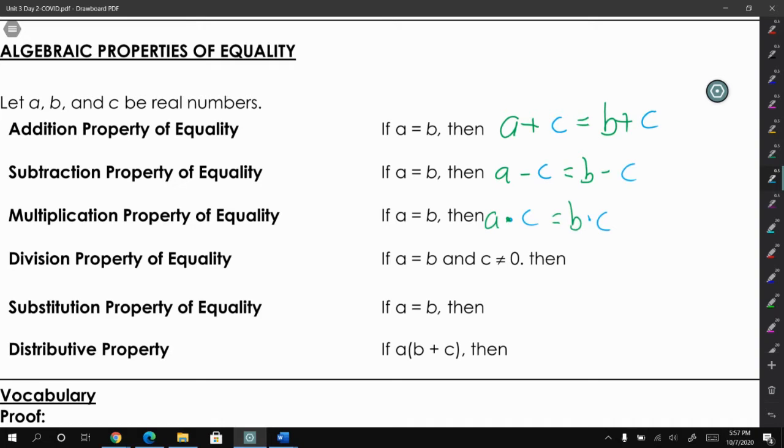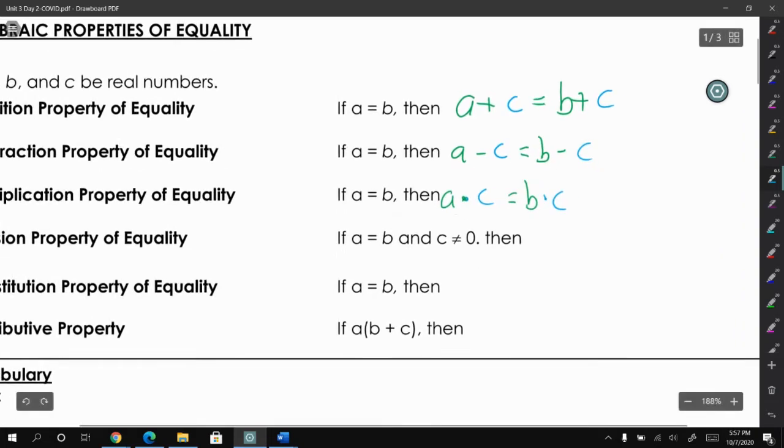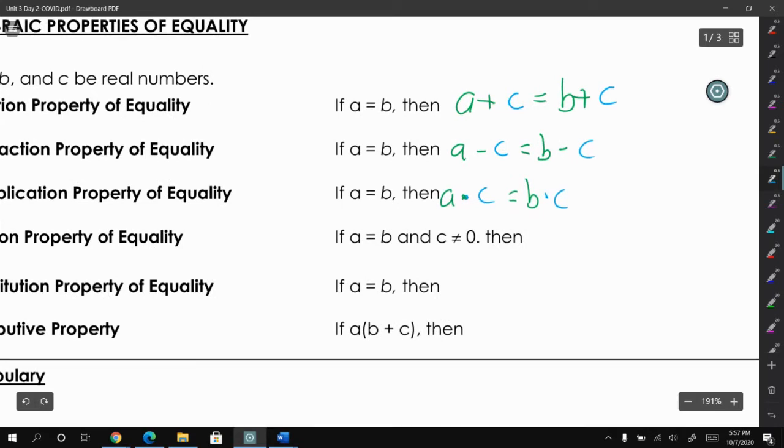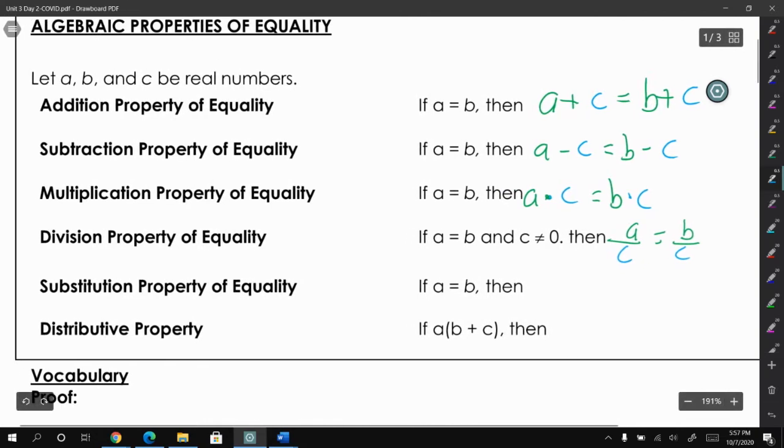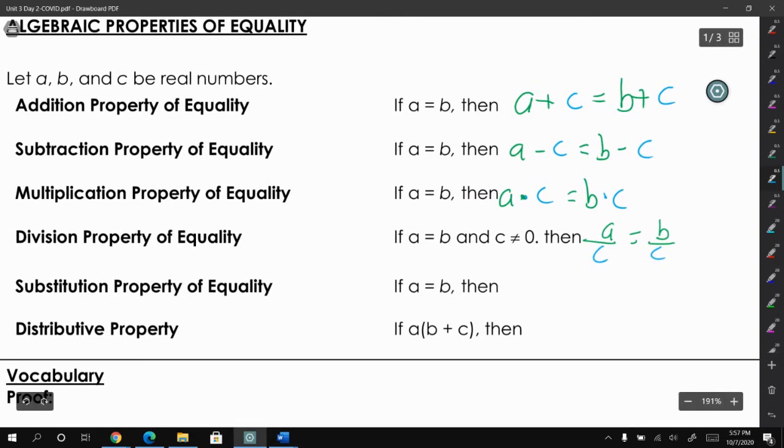And then the division property of equality is going to be dividing both sides by the same thing. So A divided by C is equal to B divided by C. So like when you're solving for x, and I say, okay, now we're going to divide both sides by 4, that is the division property of equality.